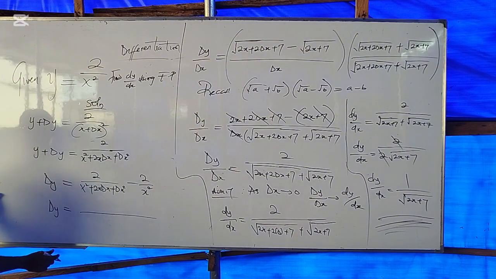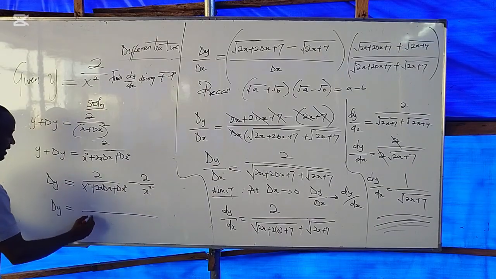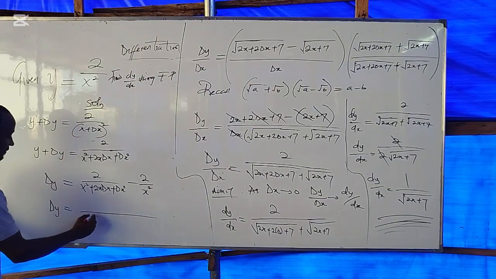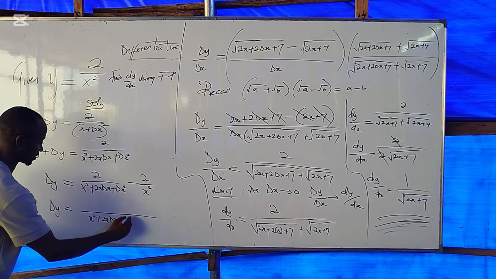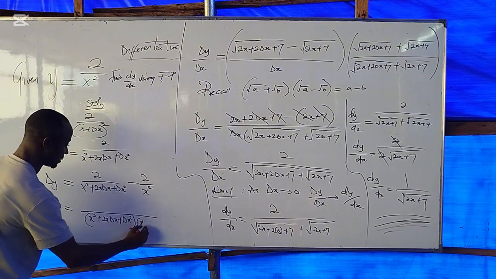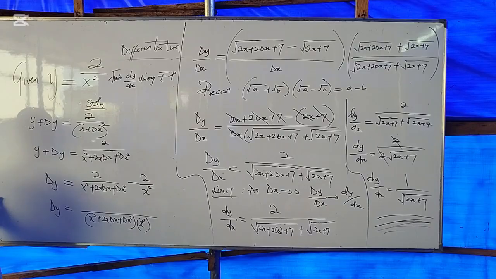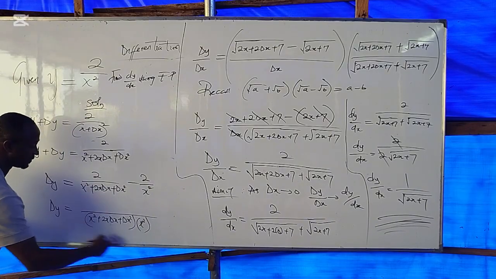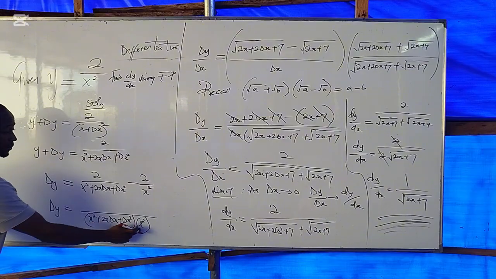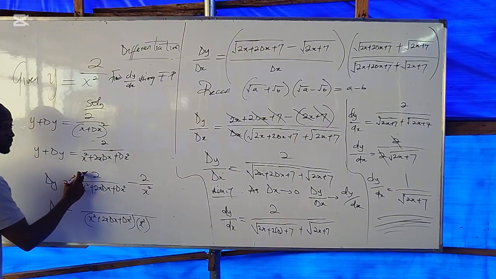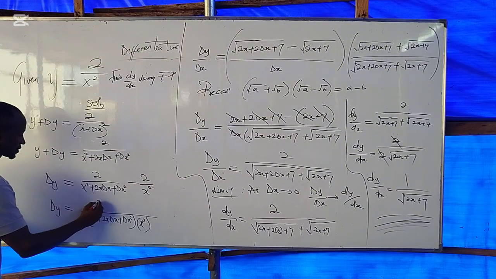So what's the LCM here between these two? I get it is the product, right? So we have x squared plus 2x delta x plus delta x squared, all multiplied by what? x squared. Are you following? When you divide the whole of this with this, what will happen? This we cancel this, right? Remaining what? x squared times 2 is what? So we have 2x squared.